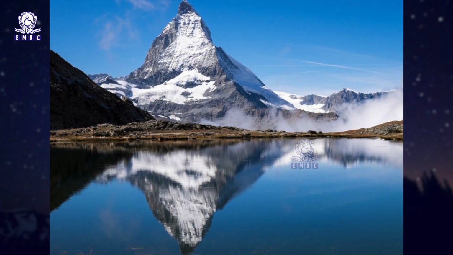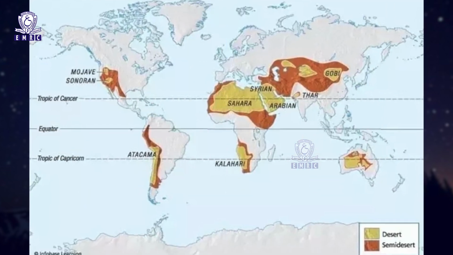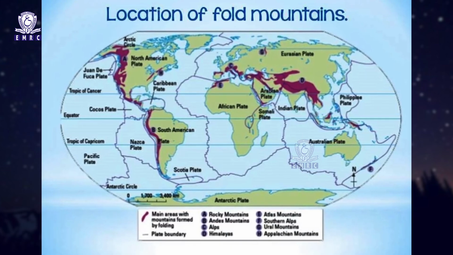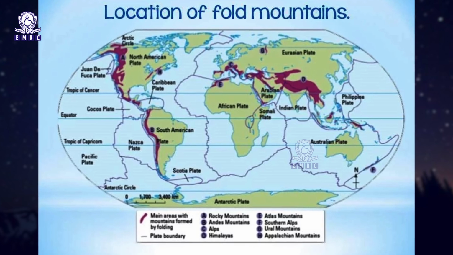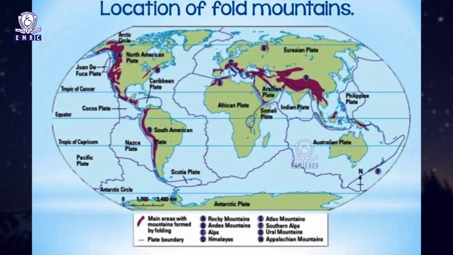Wegener's idea of mountain formation on the western edge of the continents is considered unscientific in nature. Besides, this theory could not provide explanation for the formation of all the young fold mountains of the world.